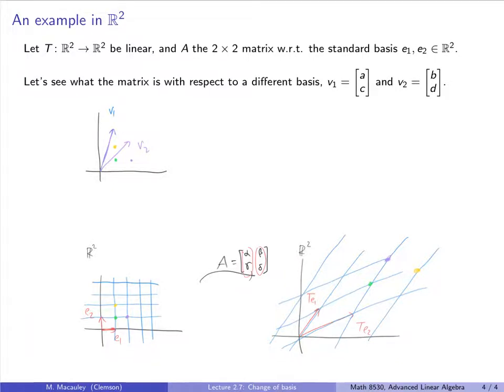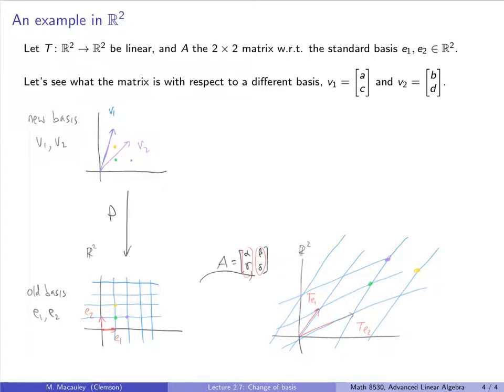Down here we have our old standard basis, E1 and E2, and up here we have our new basis, V1 and V2. Okay, so let's figure out what matrix, let's call it P, is going to change this new basis into our old standard basis. So we actually want to go from our new basis to our old basis.